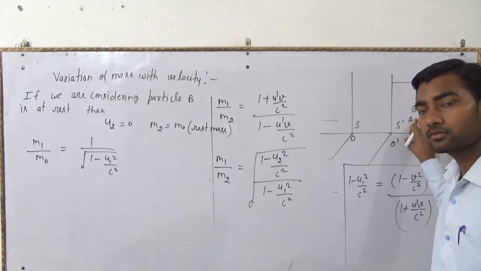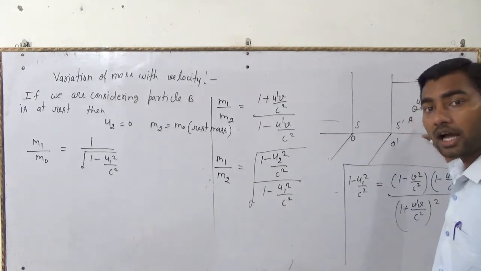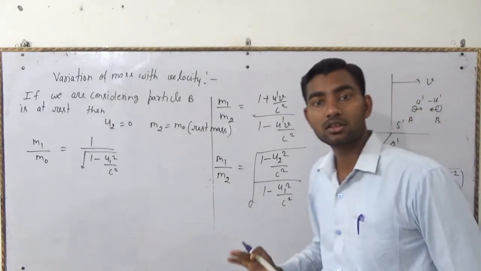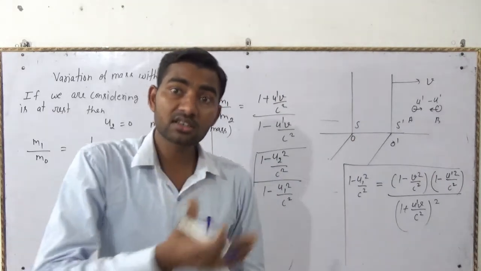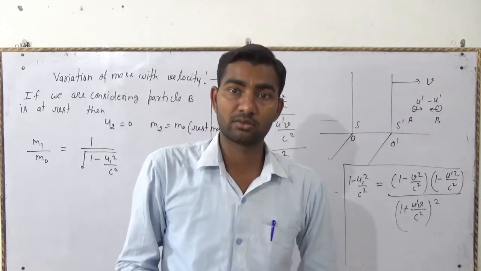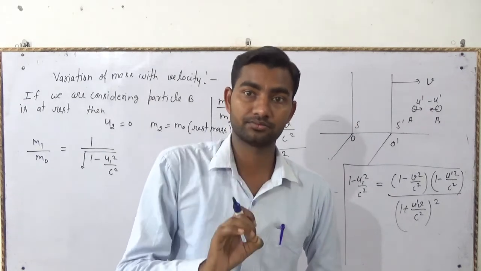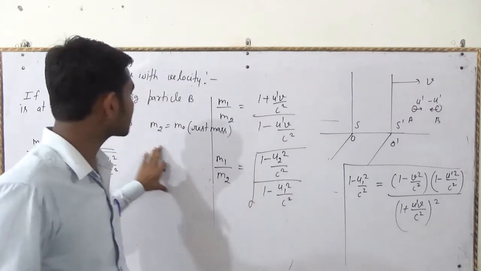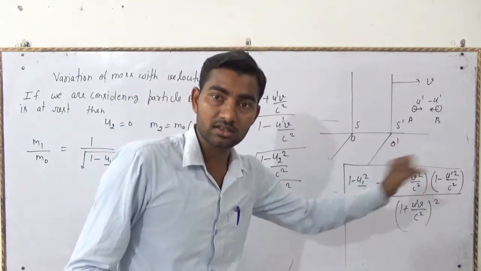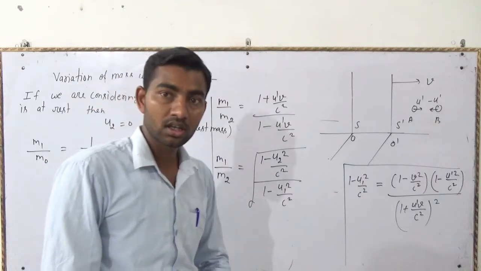Because this particle is identical to particle B, or particle B is identical to particle A. Both particles we have assumed are identical. But here we have applied one condition: particle B is at rest, then its mass also will be m naught.